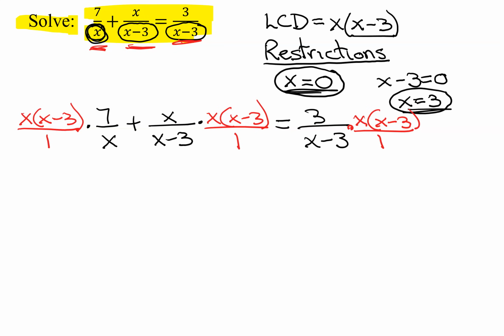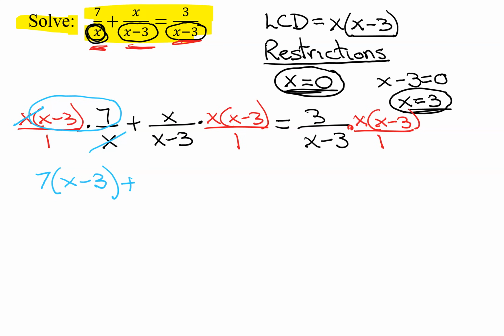So now we need to look at each term and decide what reduces out. Well, in the first term, x reduces with this x, and it's going to leave me with x minus 3 times 7, which we prefer to write as 7 times x minus 3.